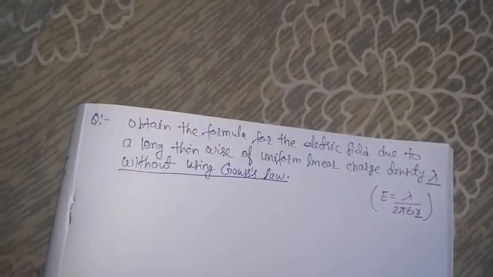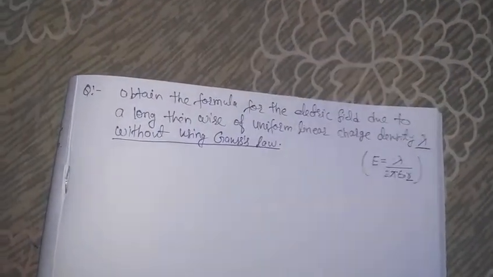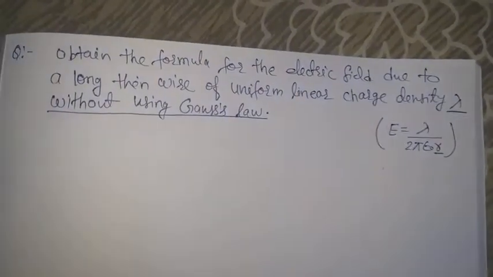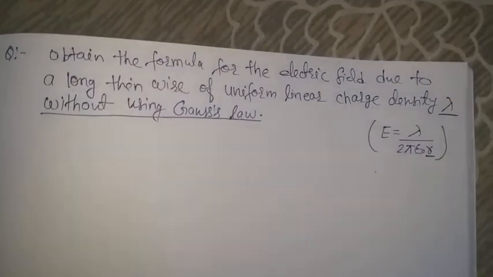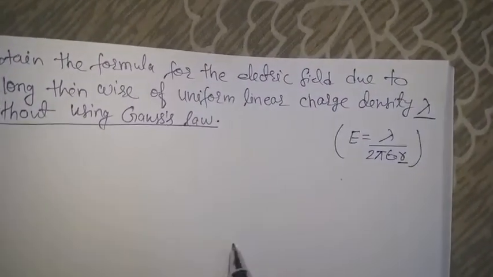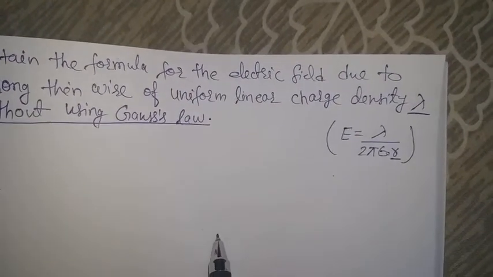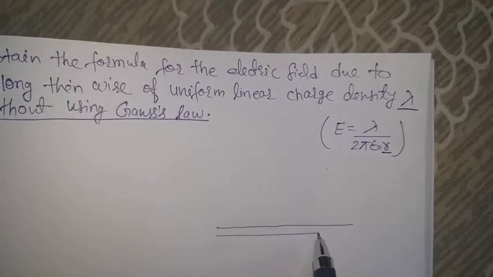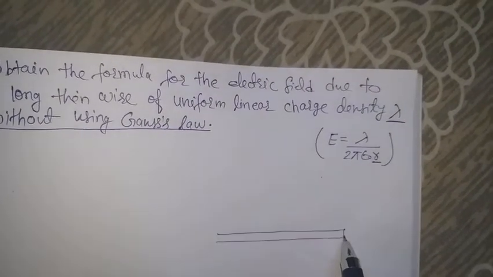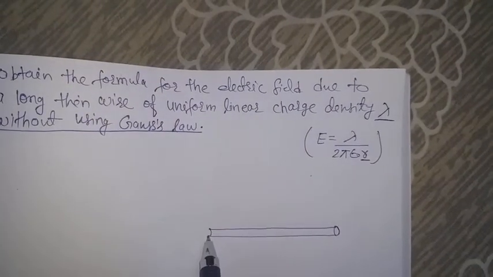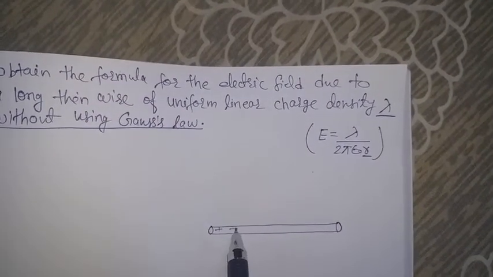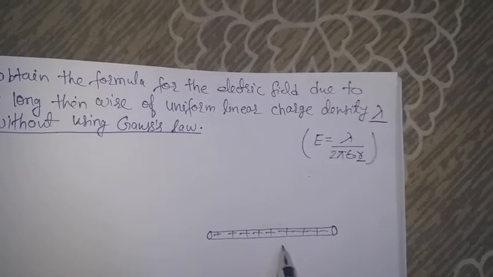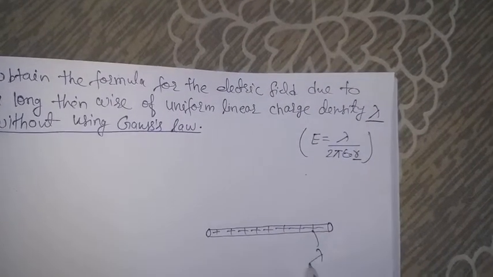What is r? r is the distance of the point from the wire where we want to find the electric field. So suppose there is an infinitely long wire which has charge density lambda.